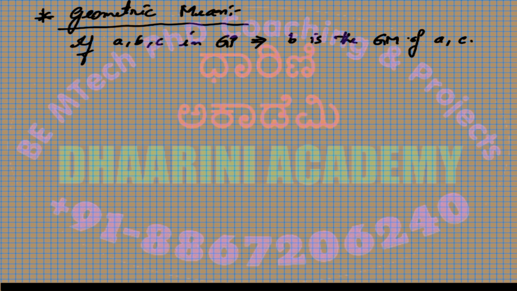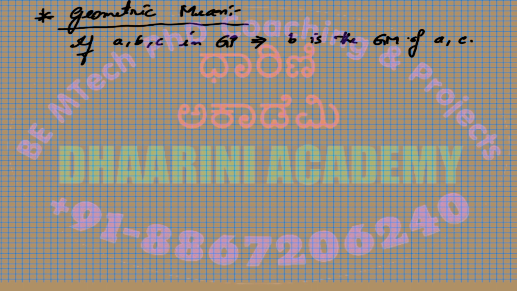So this is the very simple condition saying that, if you have any two numbers A and C, what does this mean? G means B is equal to root of AC, right?